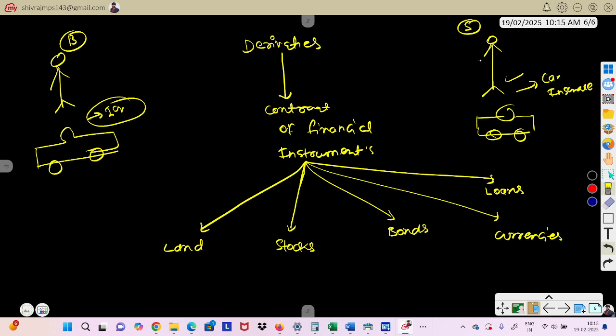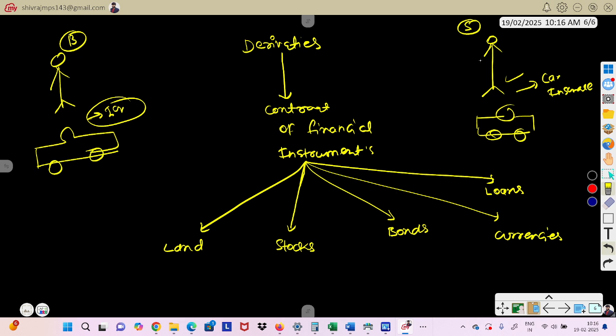So immediately he can call the insurance company: hi, my car met with an accident, and this is the bill required to repair my car. Can you please reimburse it? Then the company will do their procedure and reimburse the amount, correct?